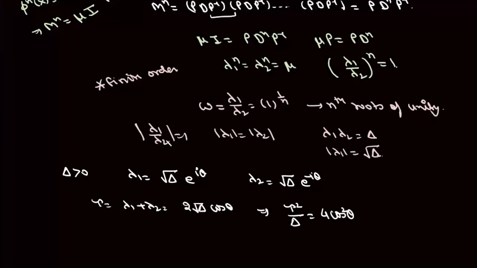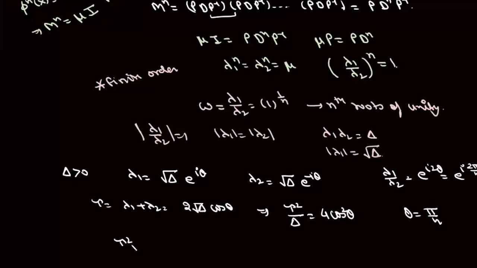Now we know the ratio lambda 1 upon lambda 2 is an nth root of unity. So lambda 1 upon lambda 2 will be e to the power i 2 theta, and it will be equal to e to the power i 2 pi by n, or simply theta will be pi by n.